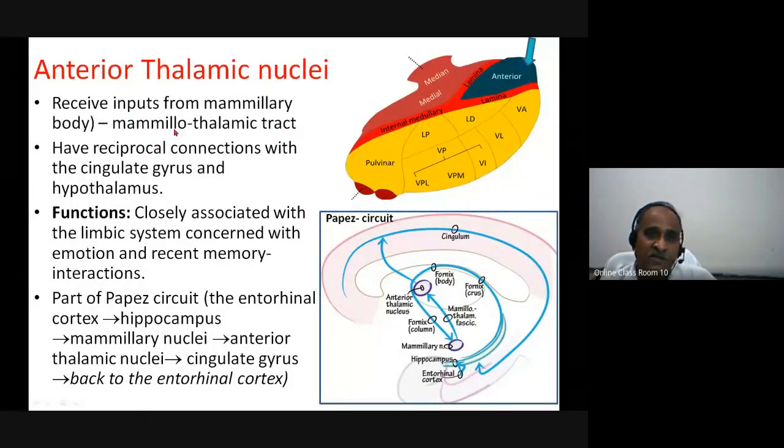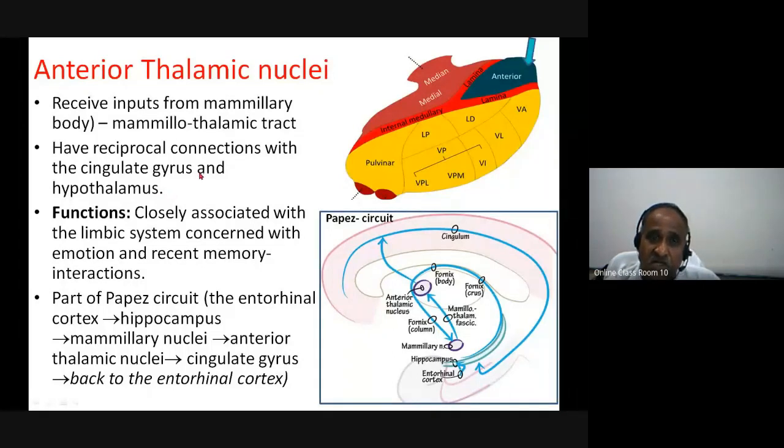The other name for the mammillothalamic tract is the Vicq d'Azyr. I will just mention it in the next slide. The Vicq d'Azyr has reciprocal connections with the cingulate gyrus, the hypothalamus, and also the hippocampus.